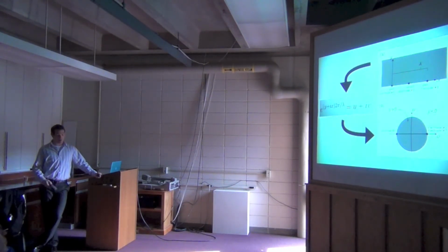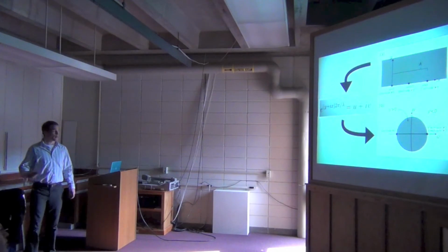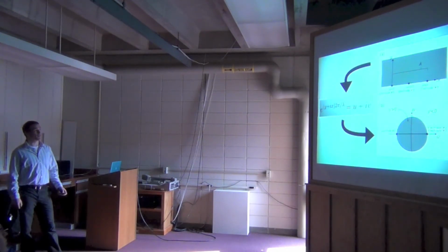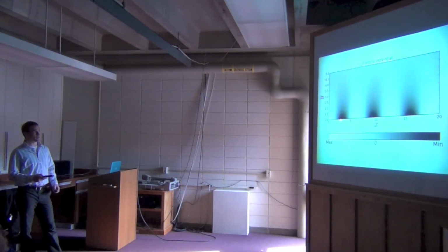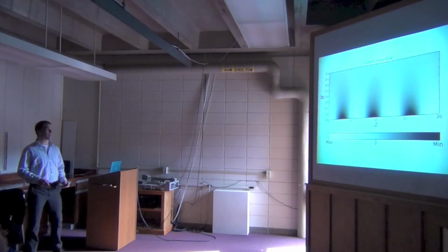So we work in a quasi-static regime, meaning relatively low driving frequencies, so we don't have to worry about any induced magnetic field. And the potential we find looks like this for some value of time. And as time increases, black goes to white goes to black.